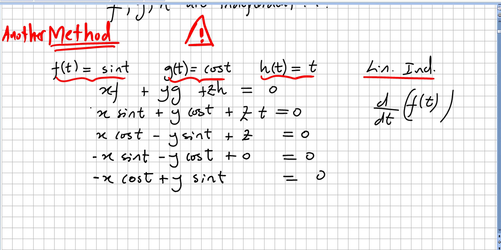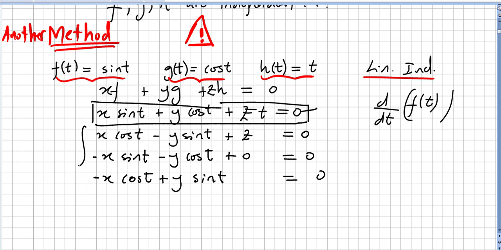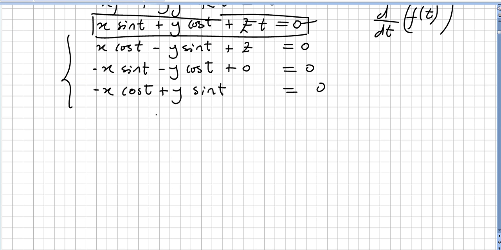Okay, so this is the original one, and here we have 3 derivatives. First derivative, second derivative, and third derivative with respect to t, the variable. So I have these lines 1, 2, 3.